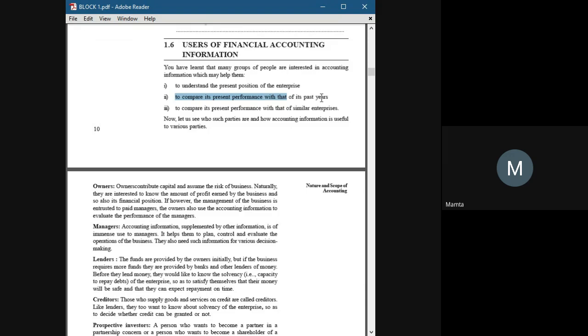And when Samsung compares its progress or its accounts from this year to the previous year, that is intra-firm comparison. But when we compare two different organizations of a similar enterprise, then it is known as inter-firm comparison. Is it understood?